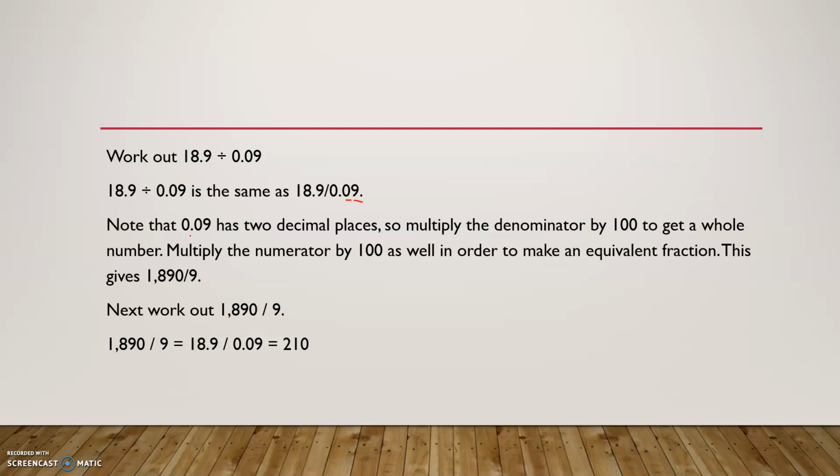Here it says note that 0.09 has two decimal places, so multiply the denominator by 100 to get a whole number. Multiply the numerator by 100 as well in order to make an equivalent fraction. So if we multiply 18.9 by 100, we'll have 1890. And if we multiply this one by 100, we'll have 9.